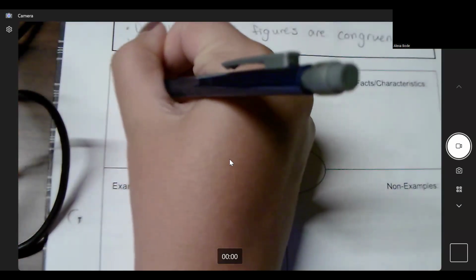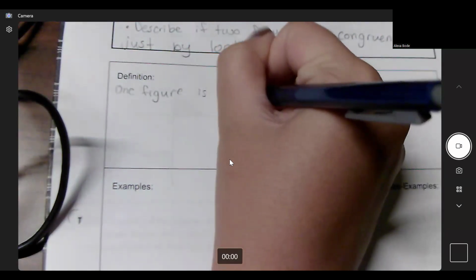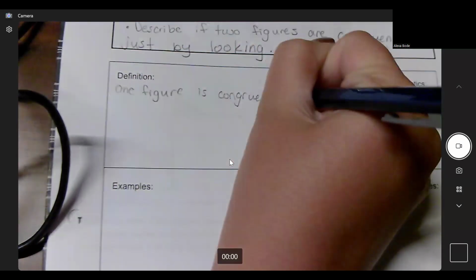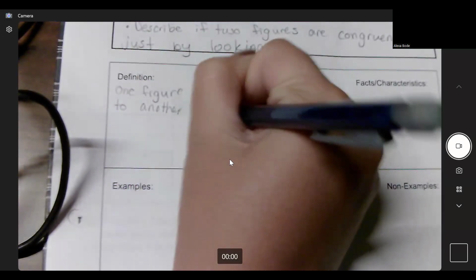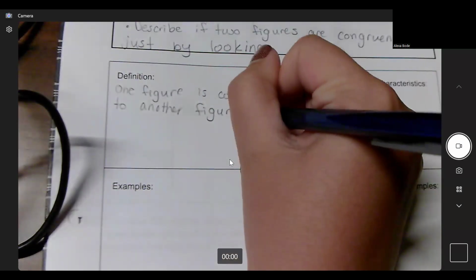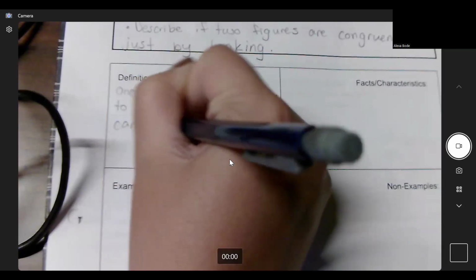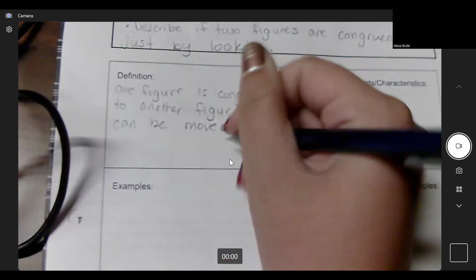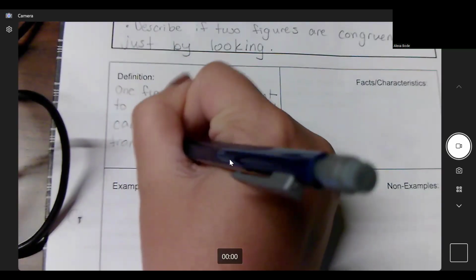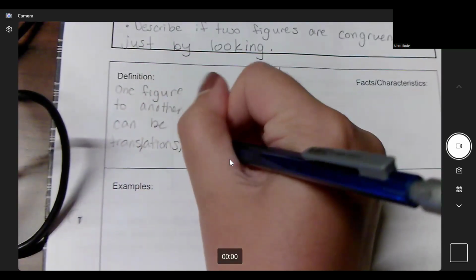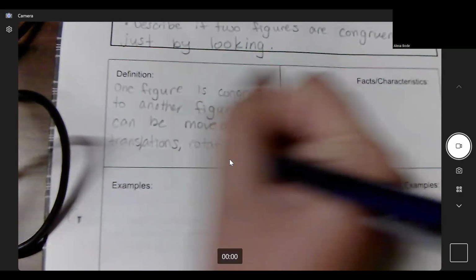One figure is congruent to another figure if it can be moved in translations, rotations, and reflections.